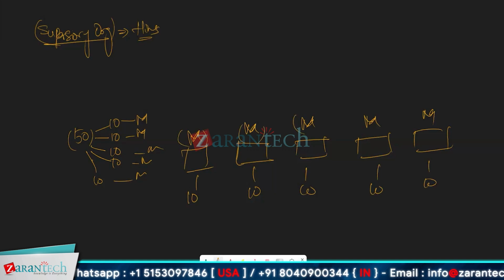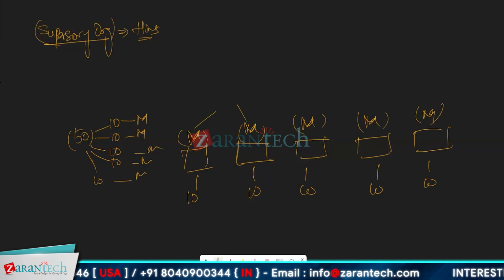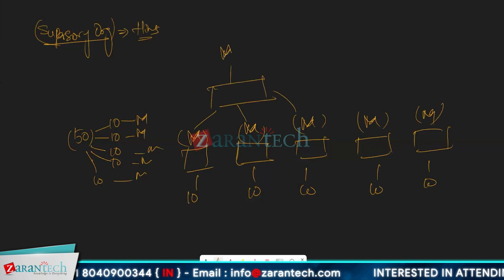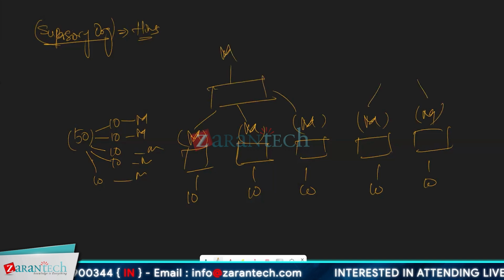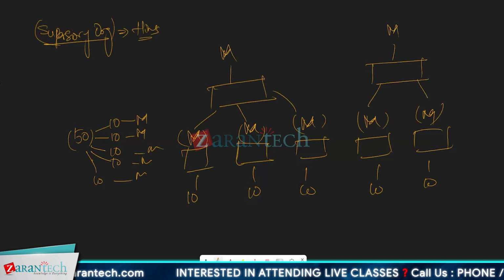So there can be a scenario where for every 3 managers there is one supervisory org. So all these 3 managers might be in one supervisory org, and there might be another manager who they'll be reporting to this way. So this is how we will group different employees under one organization.